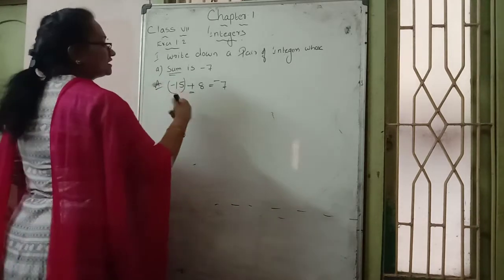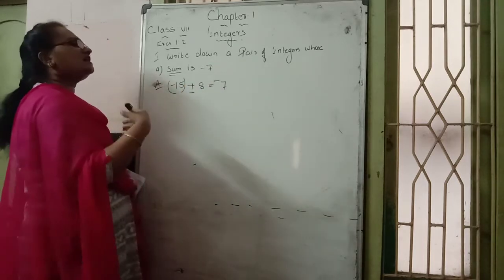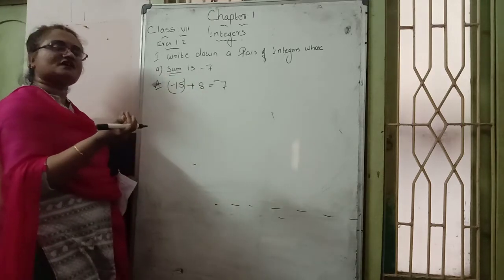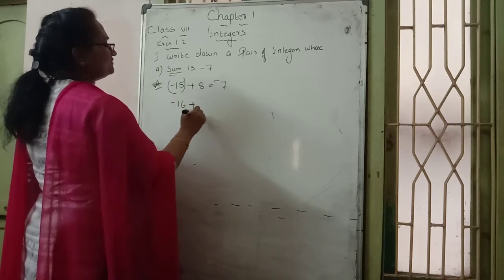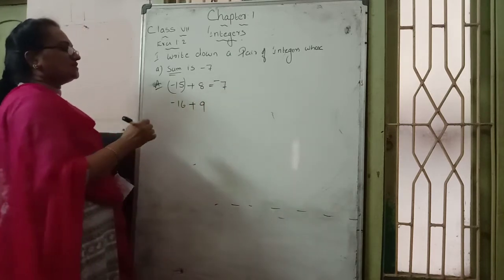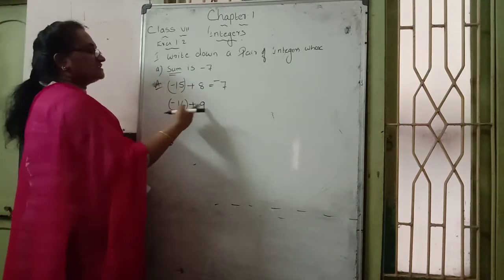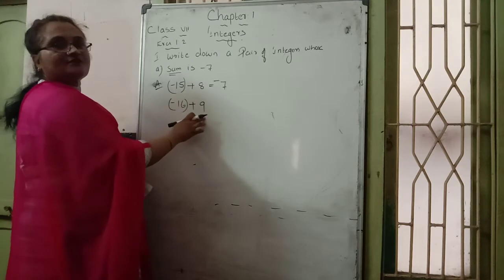Then here one more pair. Another number also we can say. How to write here? Minus 16 is added with 9. That means here minus 16 is a negative integer, 9 is a positive integer. They are asking for integers, so these two are integers.